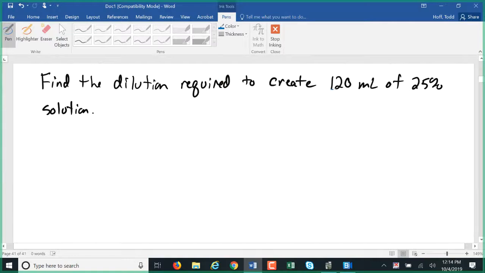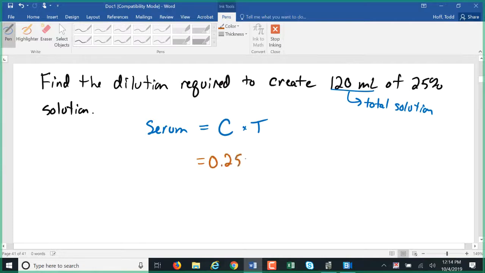Well, we have 120 milliliters. That is our total solution. We have our formula that active amount, in this case the serum, is equal to our concentration times our total volume. So we have a concentration of 0.25 times that total volume of 120 milliliters. We multiply that, gives us 30 milliliters of serum.